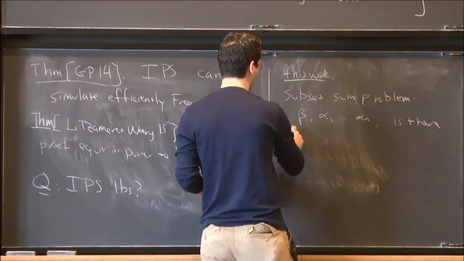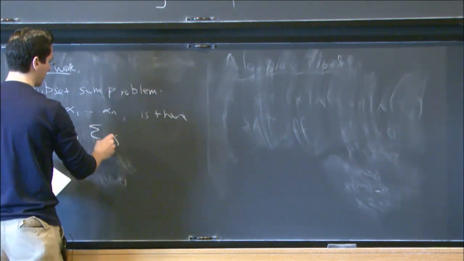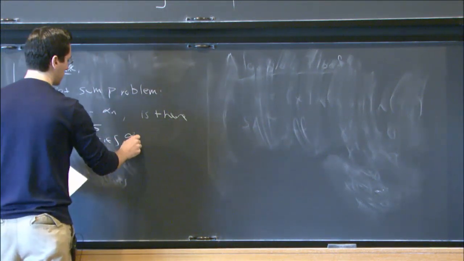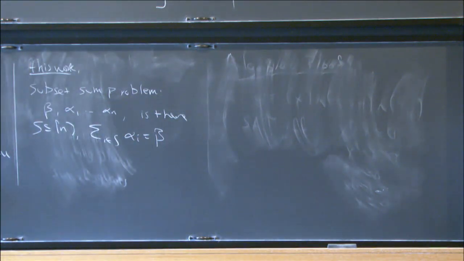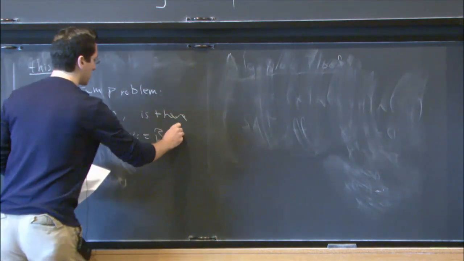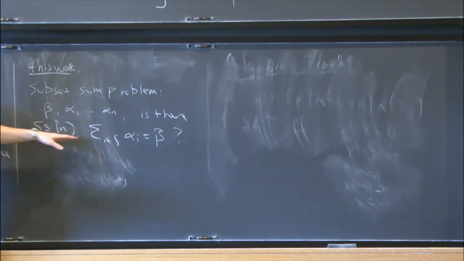So is there a subset S such that the summation of these alpha i's is equal to beta? This is NP-complete in general. And so you can ask, if there is no such sum, can you refute it, can you prove it efficiently?